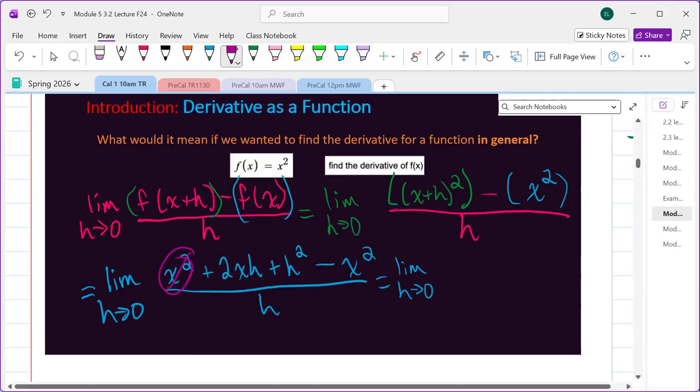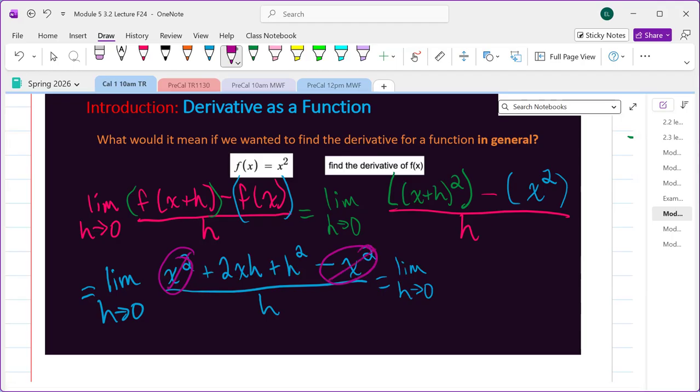And here we can see those x squared terms cancel out. Everything that's left over has an h, so I'm going to factor it out. So we have h times 2x plus h, all divided by h. The h that's factored out, those can cancel.